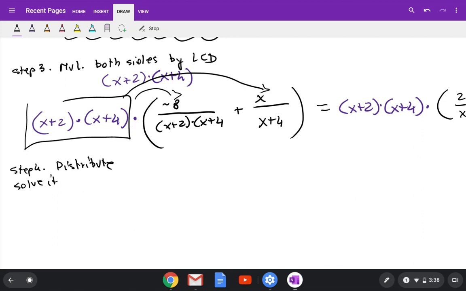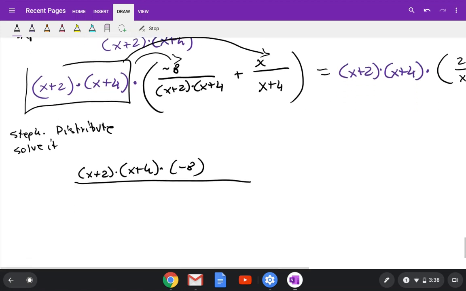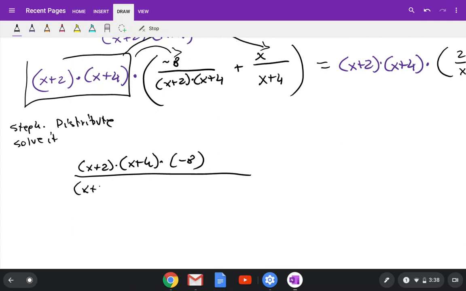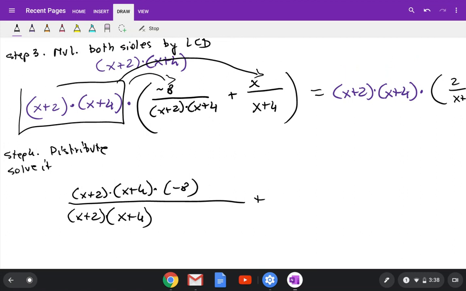So we have, and again, don't FOIL, x plus 2 times x plus 4 times negative 8 over x plus 2 times x plus 4, plus x plus 2 times x plus 4 multiplied by x over x plus 4.